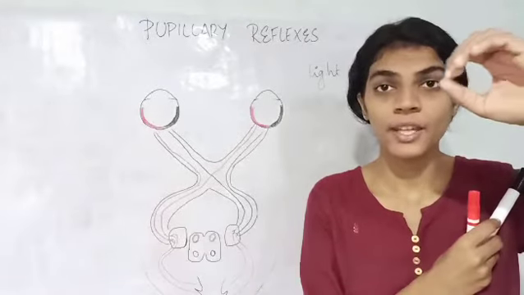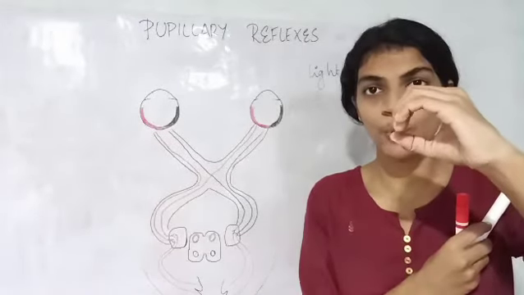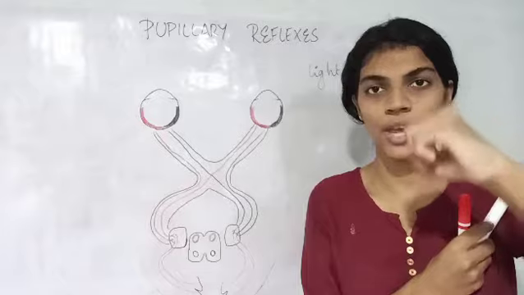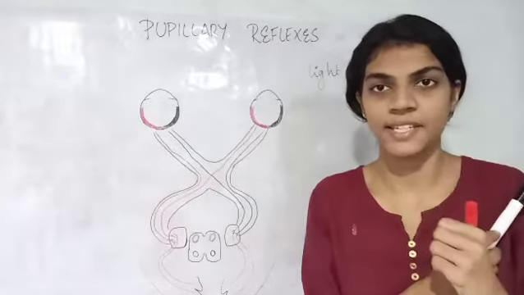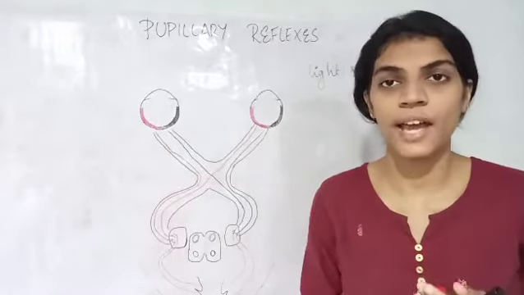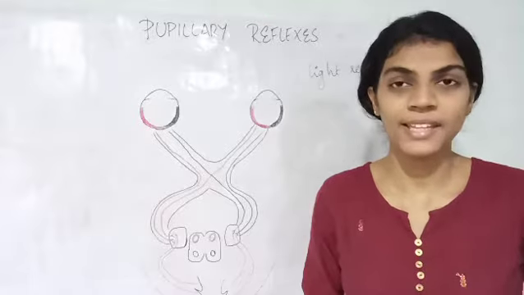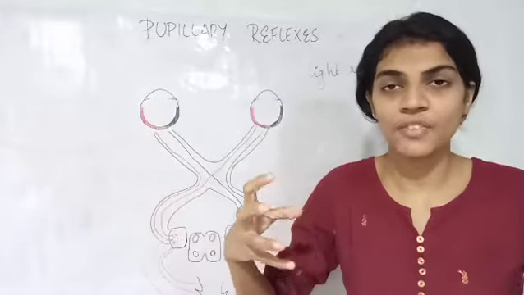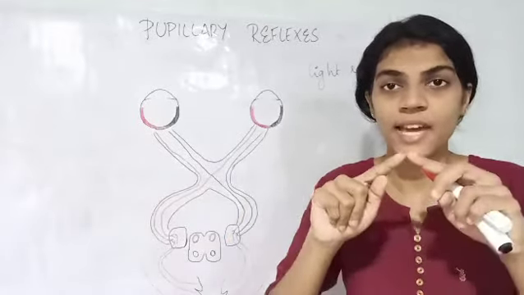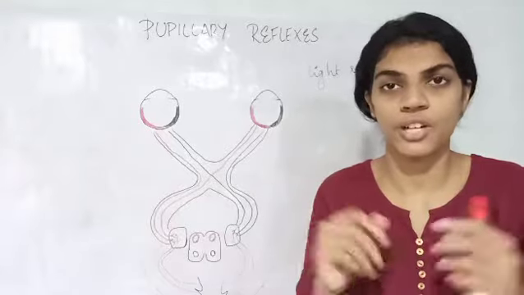You can see the pupil, this one is the pupil. The pupil will constrict. The pupil will decrease in size by the activity of the diaphragm. It is by the contraction and relaxation of the diaphragm that the size of the pupil increases or decreases.